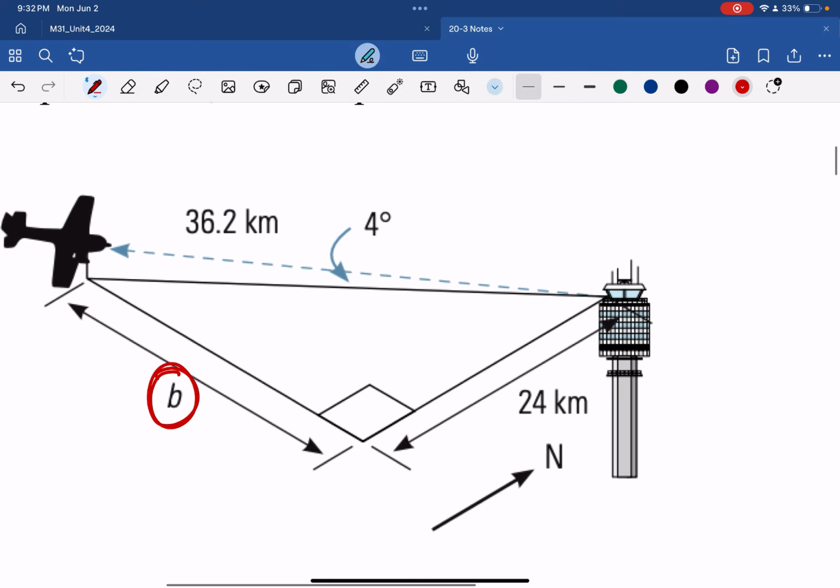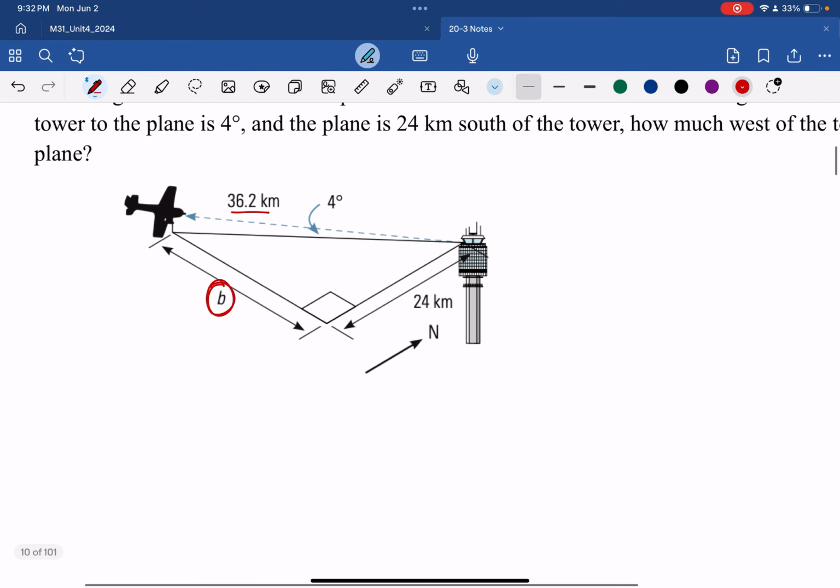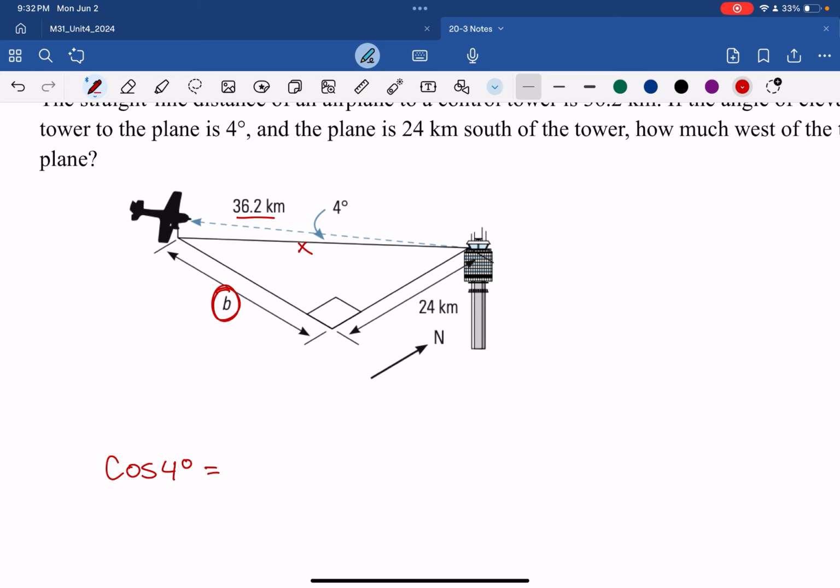Okay, this 36.2 is the hypotenuse, and I'm looking for the adjacent, so I'm going to use cosine of 4 degrees is equal to, let's call this x here, adjacent over 36.2.